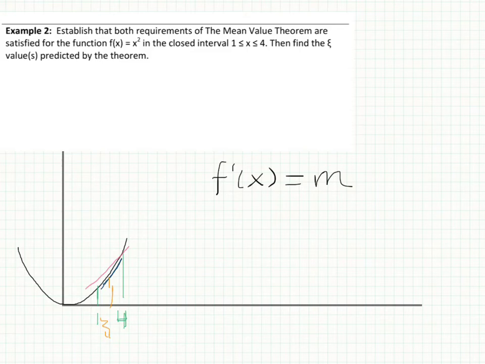So let's see here. We've got f of x equals x squared, which has the derivative f prime of x equals 2x.